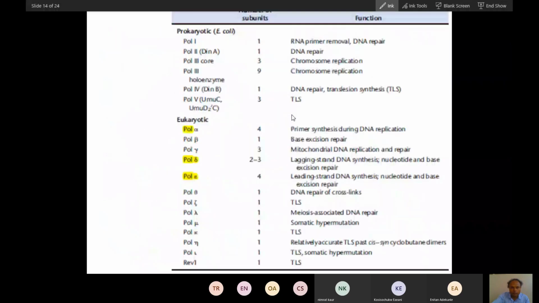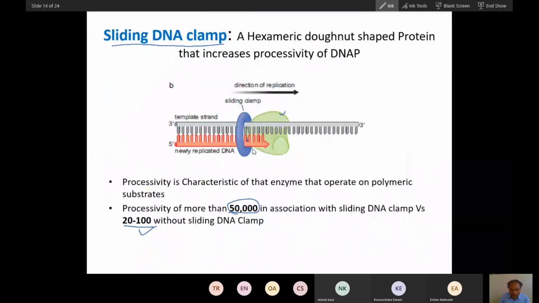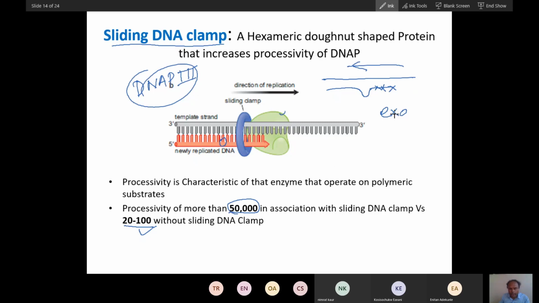After DNA is synthesized, there will be addition of a few wrong bases. During synthesis, if there is an addition of a few wrong nucleotides here, this DNA polymerase will revert back. And how does it revert back? It will cut this nucleotide by its exonuclease activity, because, as I told you, all DNA polymerases, including DNA polymerase 3, have exonuclease activity from backward to forward.